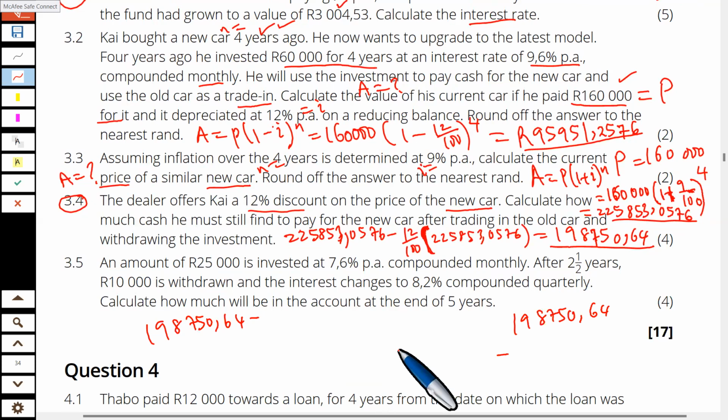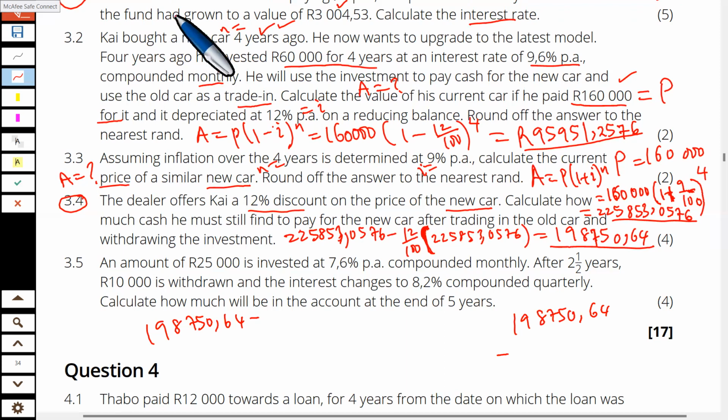If you subtract the trade-in, you subtract also the investments. How much is the trade-in? Okay, you already got the trade-in.